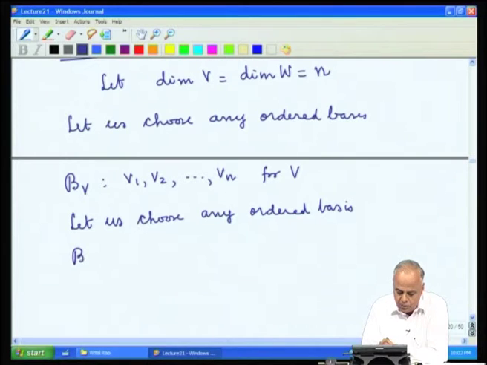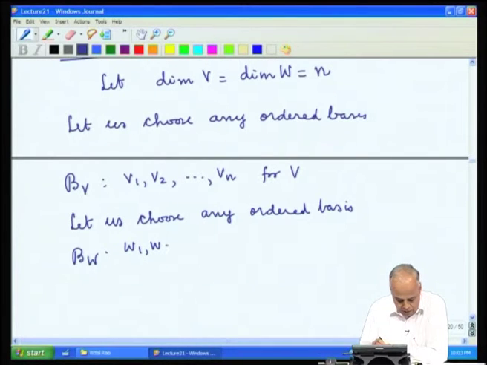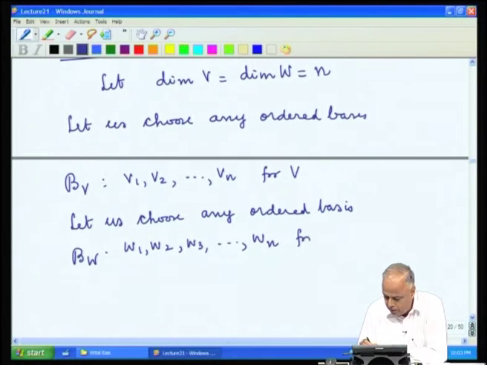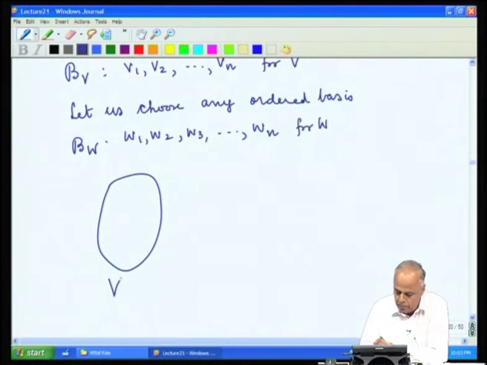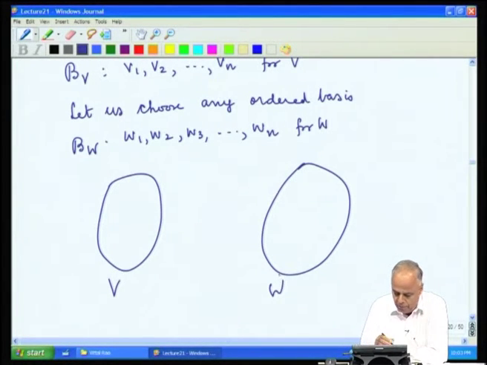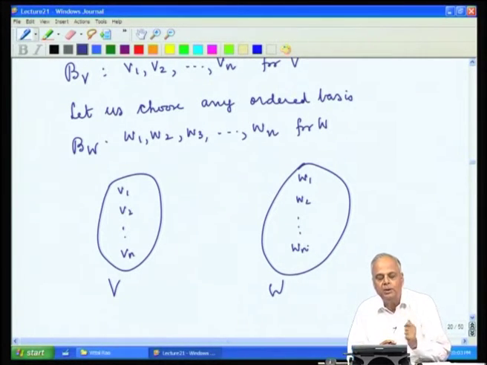The W basis should also have n linearly independent vectors from W. Let us call them W1, W2, W3, ..., Wn for W. So, now we have these two bases. Here is V, here is W, and we have these basis vectors V1, V2, ..., Vn, W1, W2, ..., Wn. These V's are the basis for V and the W vectors are the basis for W.